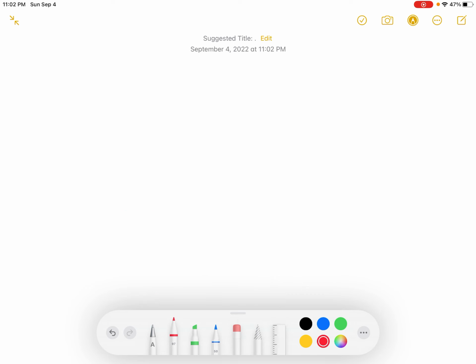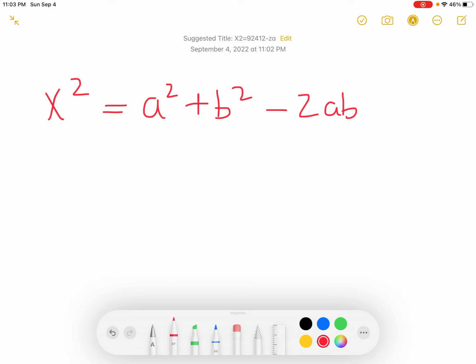And then there's the law of cosines, which is x squared equals a squared plus b squared minus 2 times a times b times the cosine of the angle across from x.